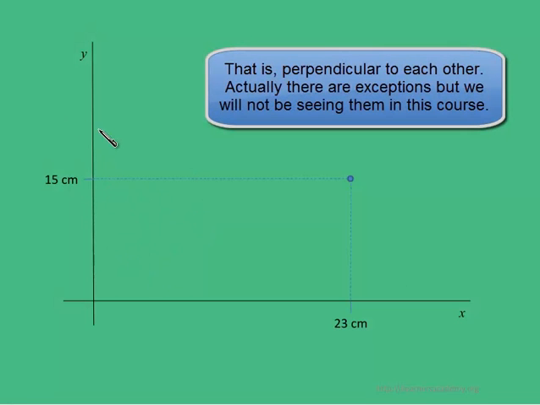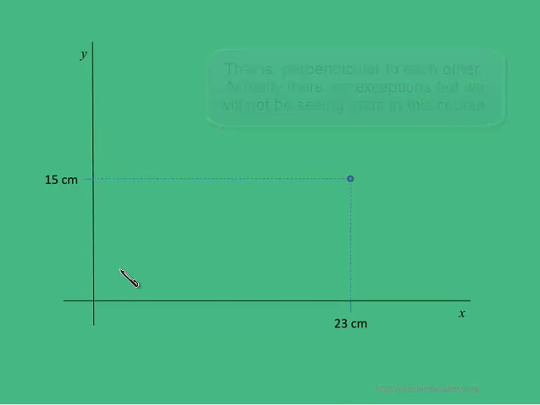So this situation that we have here indicates that we have a point at (23, 15). So what this actually represents in a physical sense depends on the problem. All these points here could be points on a horizontal plane, or these could be points on a vertical plane. You would know from the context.